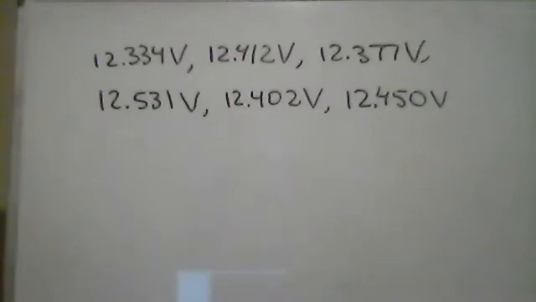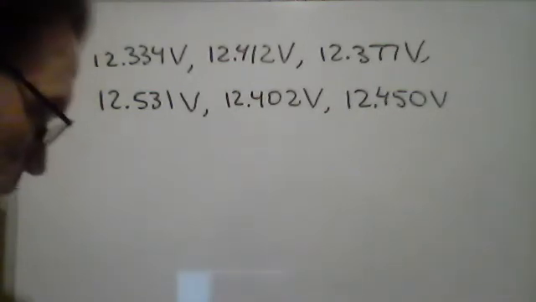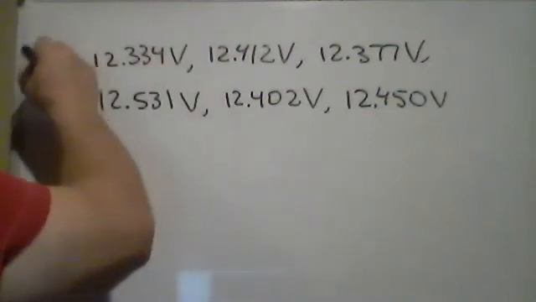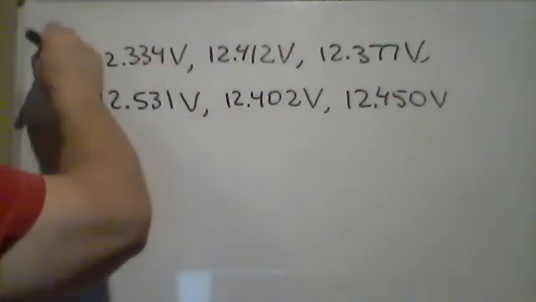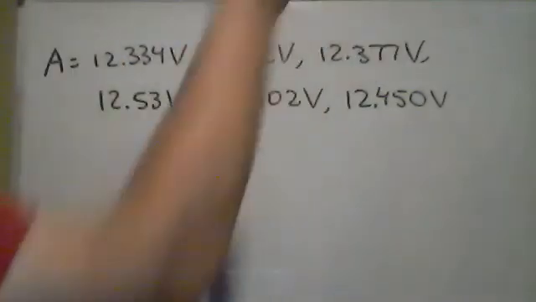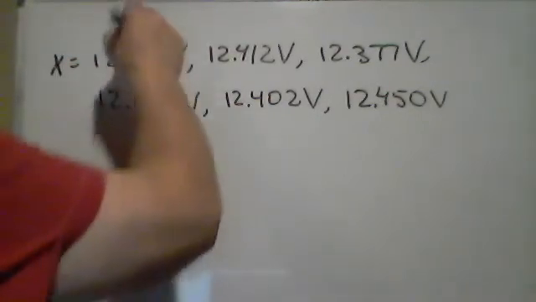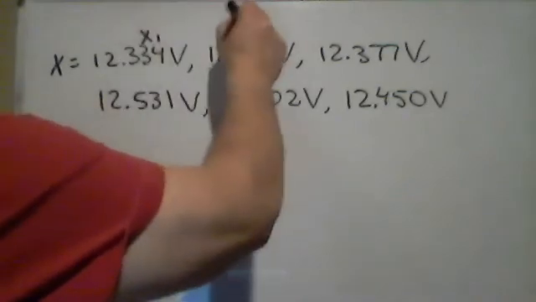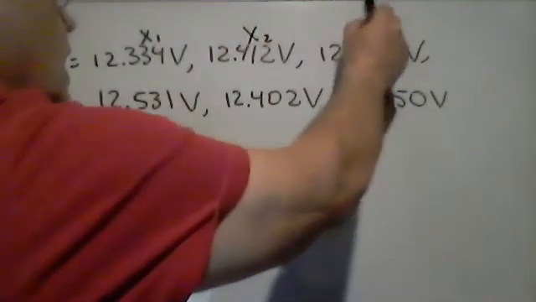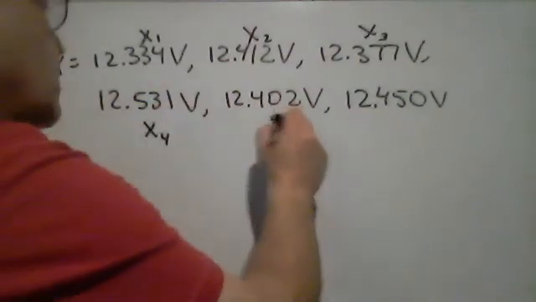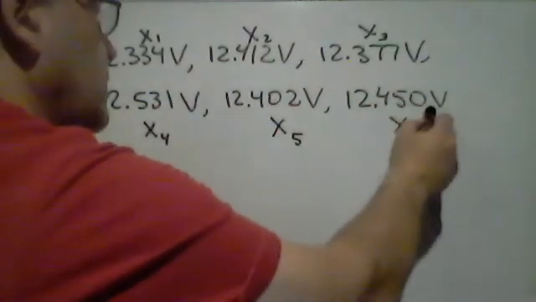So let's just say this variable that I'm calculating, I'll call it A, or call it X, whatever. It doesn't really matter. All right, so this might be X1, X2, X3, X4, X5, X6.